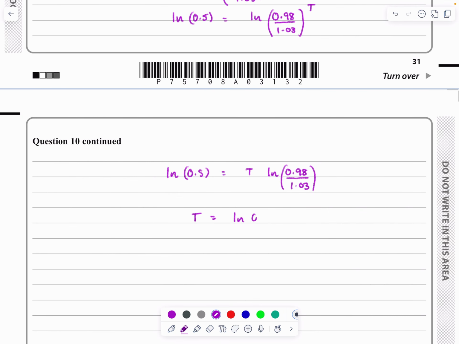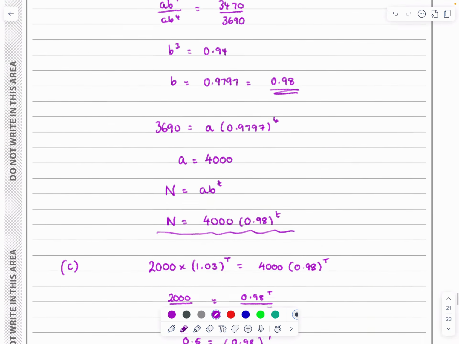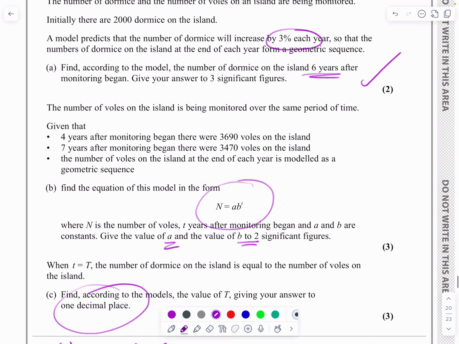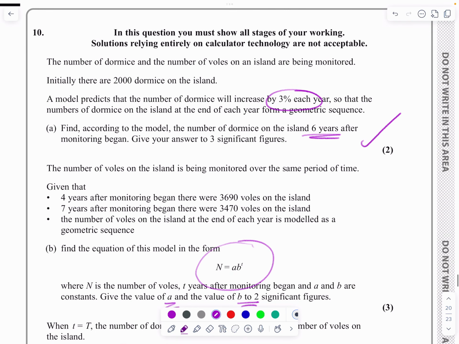Let's just write it out. We don't particularly need this step, but that divided by the other one, and then what does that work out to be? That works out to be 13.9, and in the question it said giving your answer to 1 decimal place. So I've just made sure I've gone through and done that.